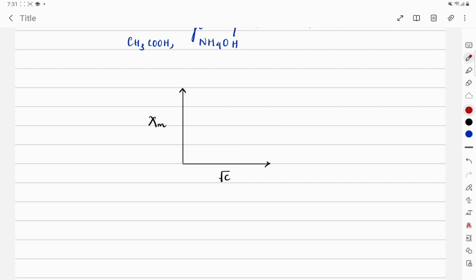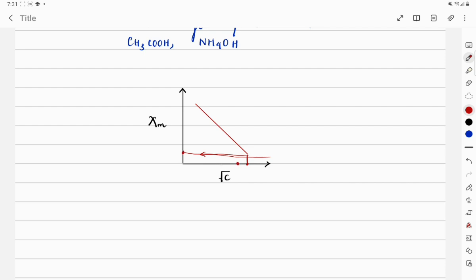So the plot for strong electrolytes is a straight line with a negative slope. Why? Because on dilution, that means on going from this to this, their lambda m value should increase. Initially at this concentration they had this much molar conductivity.